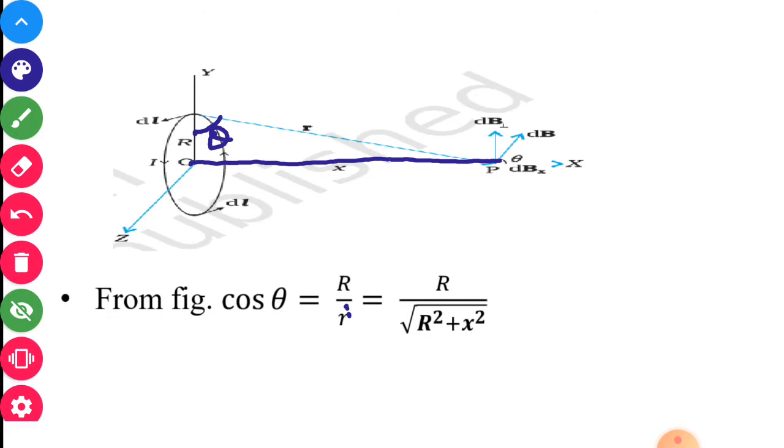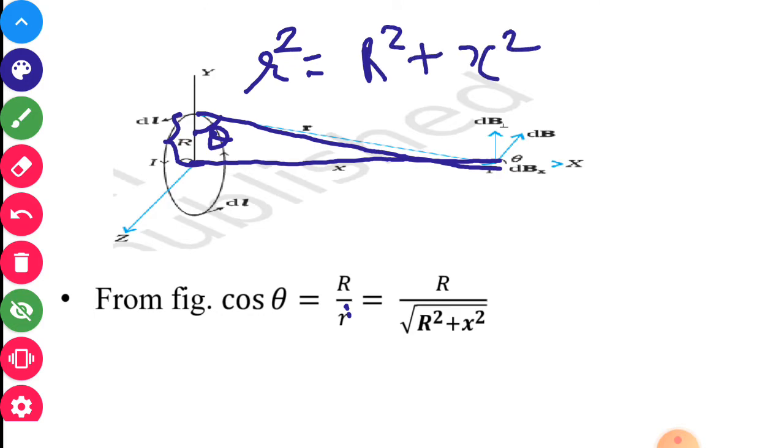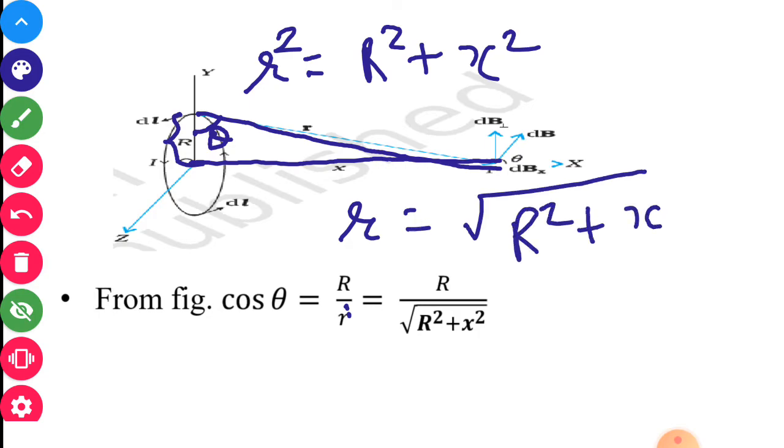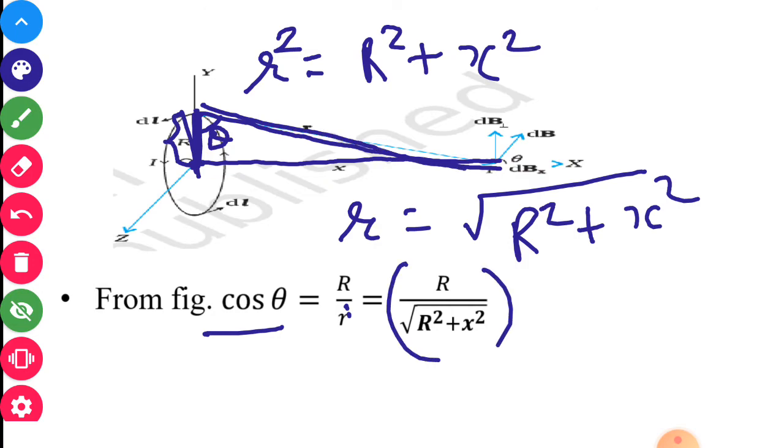The small r, as we have written r square, is capital R square plus x square, so small r is the square root of R square plus x square. That is why cos theta is adjacent, that is capital R, upon small r, which is capital R upon the square root of R square plus x square.